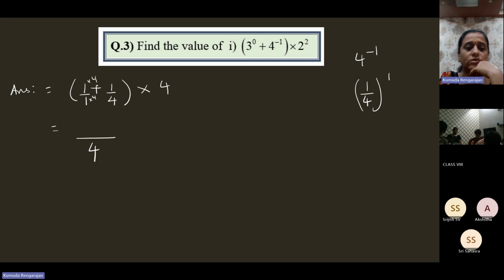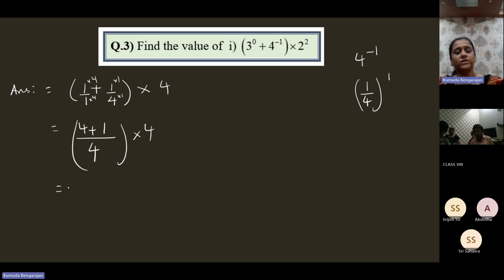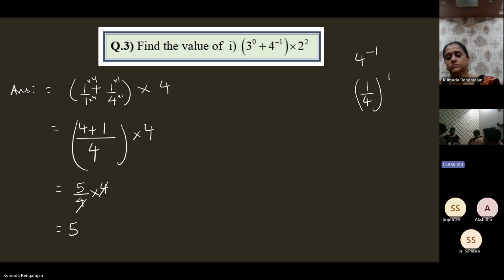So 1 into 4, 4 plus 4 into 1. So into 1. Yes. Into 4. So 4 plus 1, 5. 5 by 4 into 4. 4. Yes, ma'am. Yeah. Please write down. Ma'am, LCM, correct answer, ma'am. Sorry? Ma'am, I got the correct answer. Okay.